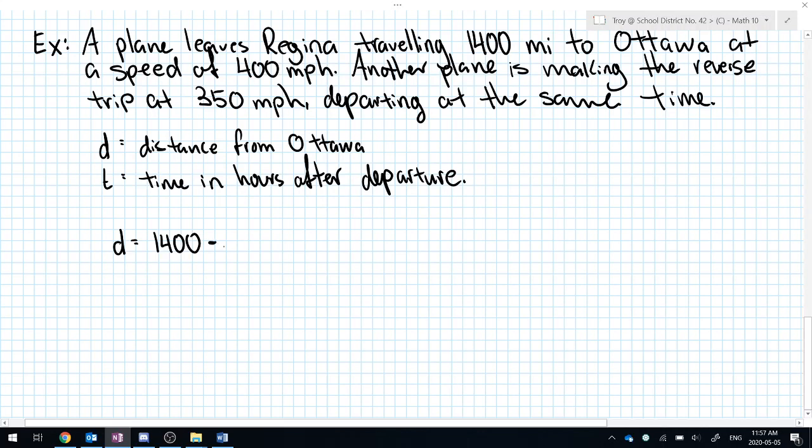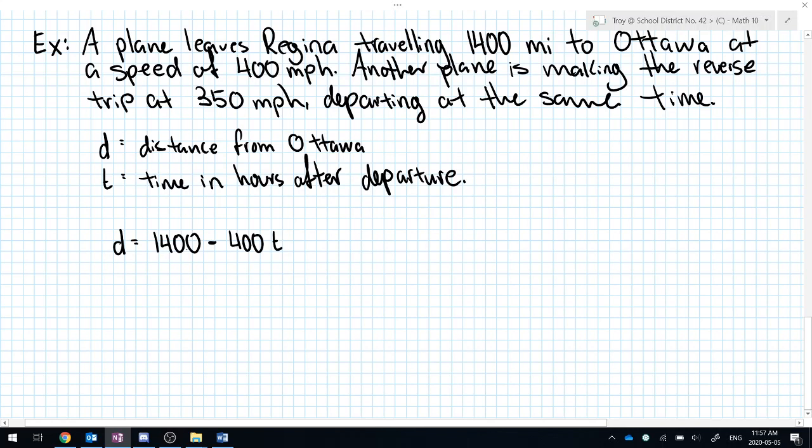So we're going to be subtracting 400 times t, because the plane is traveling at 400 miles an hour. If we multiply it by the number of hours, it's just going to give us the miles, and those are the miles we're subtracting from 1,400 as it makes it to Ottawa.